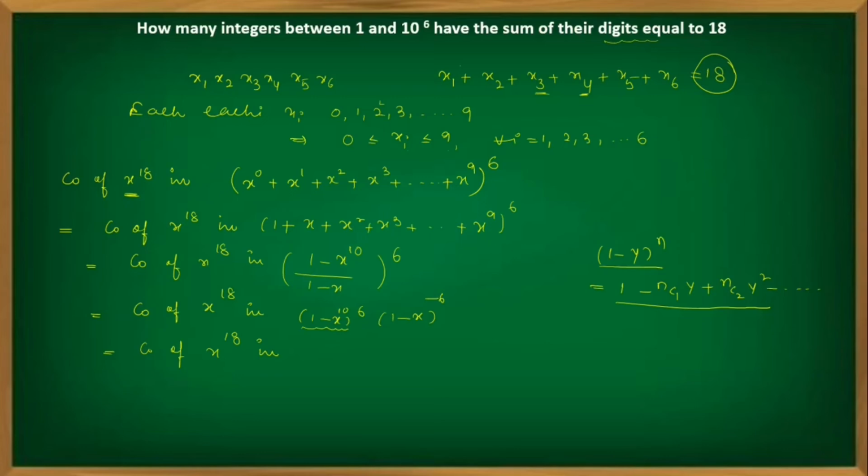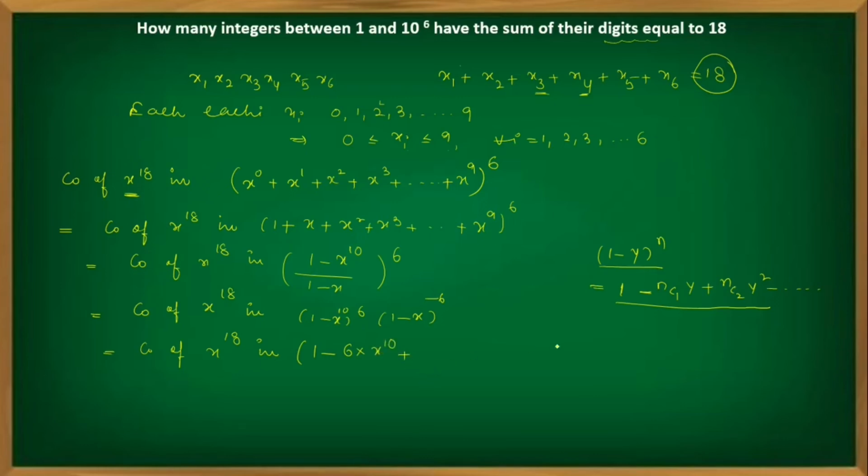So what is this? 1 minus nC1 y. Here in place of y what do you have? x to the power of 10. So we have 1 minus nC1, what is the n here? 6. So 6C1, 6 only, into y, that is x to the power of 10, plus.